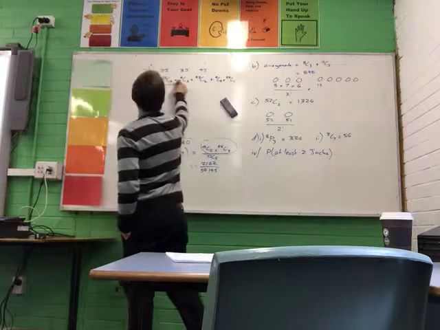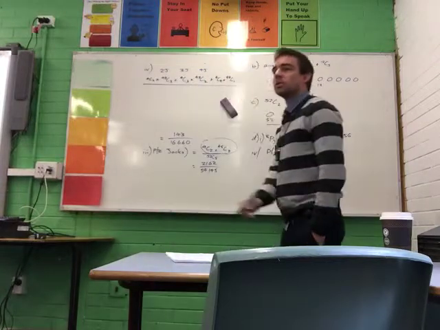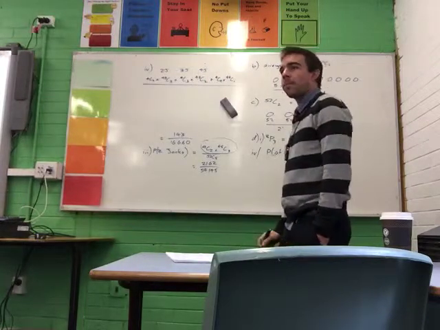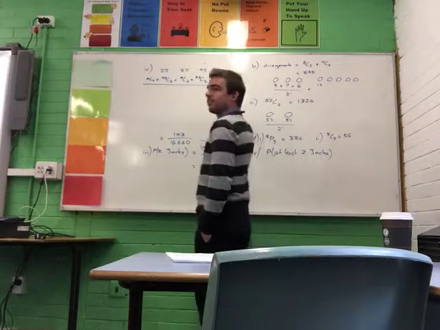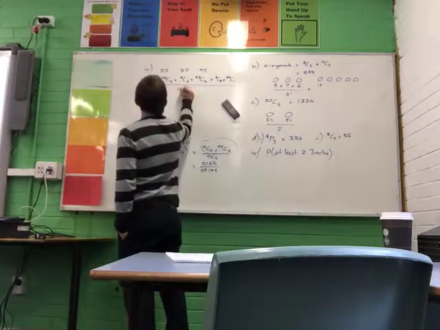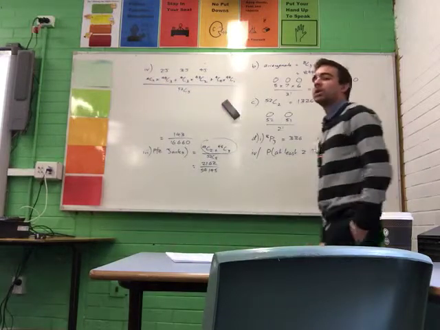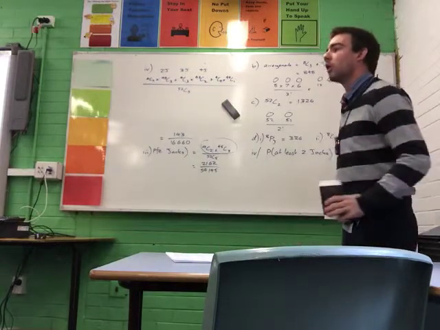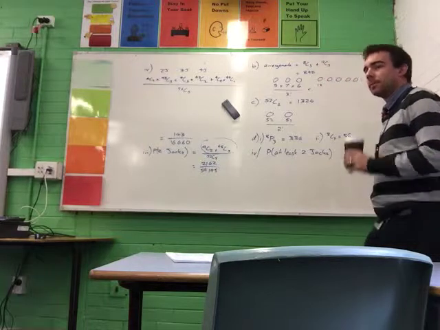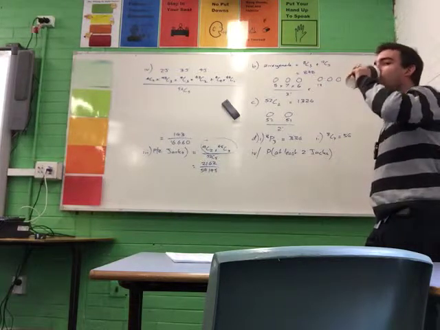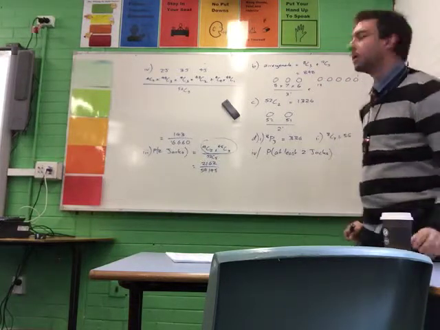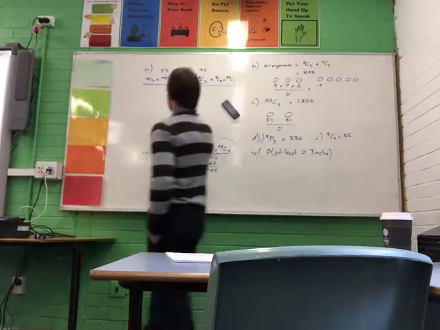Alright, that's the number of favourable outcomes. What goes on the bottom? 52C5. That's the number of combinations, the number of ways you can hold a 5 card hand. Alright, what does that simplify to?